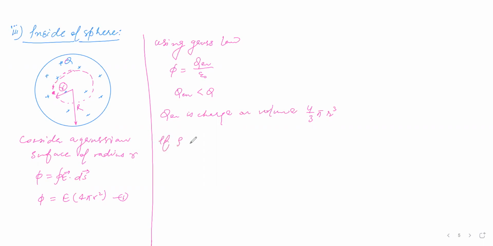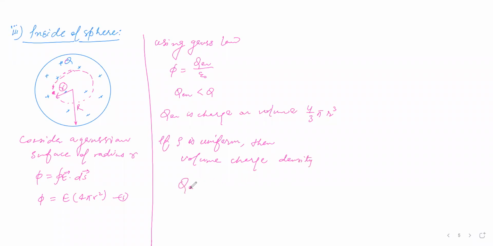If the density is uniform, density is rho. If density is uniform, then what will be your volume charge density?